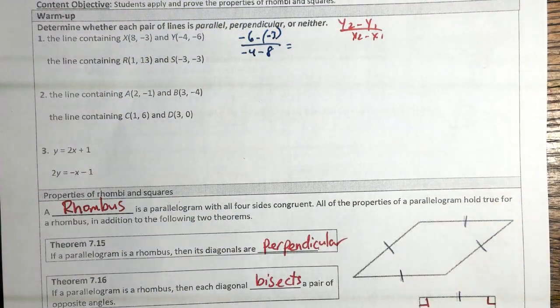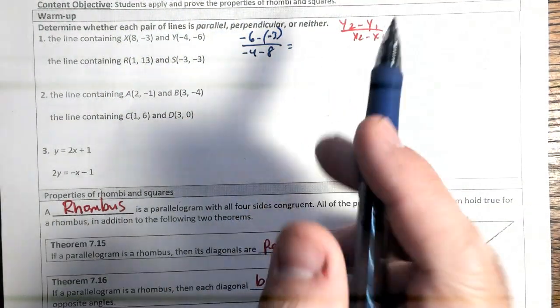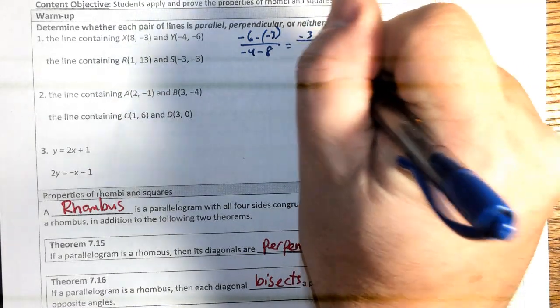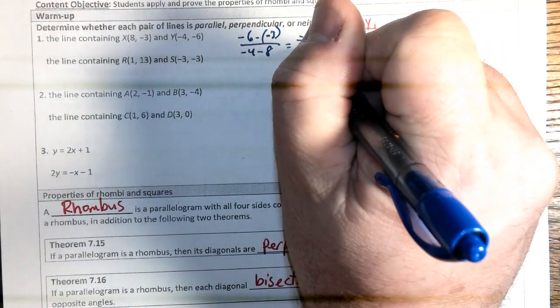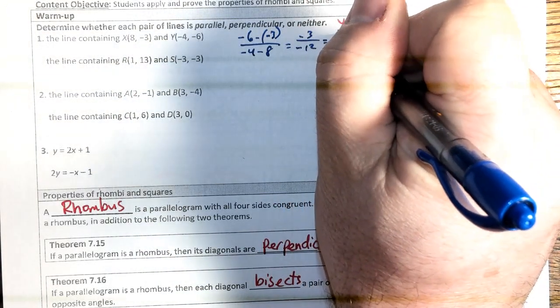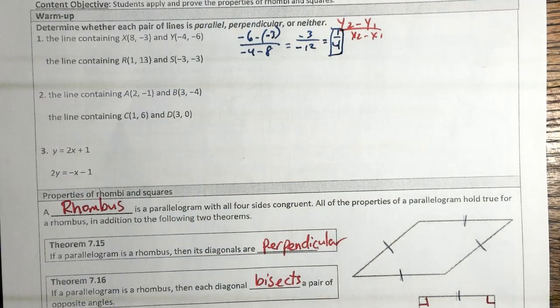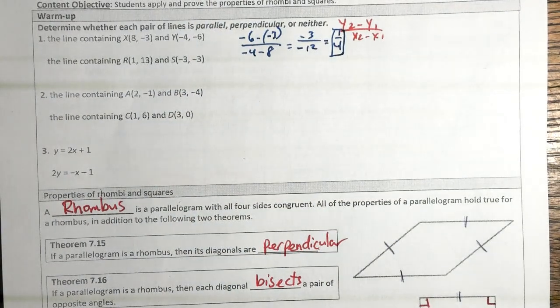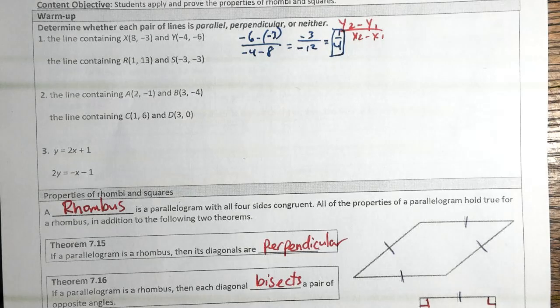So -6 minus -3 is like -6 plus 3, so -3 on top, and -4 minus 8 is -12. It's going to make 1/4. So our slope for this first line is 1/4.